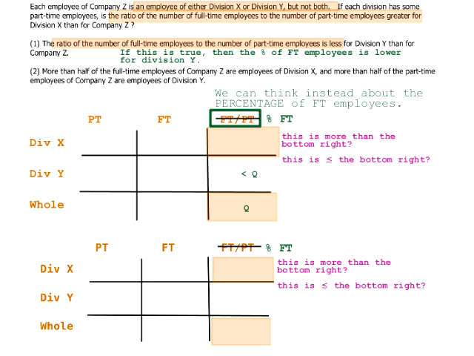So look what they're asking here. Again, you can use that percentage as a proxy for this ratio. The question is basically, is the percentage of full-time employees greater for division X than for the whole company? Well, if you think about it, it has to be.